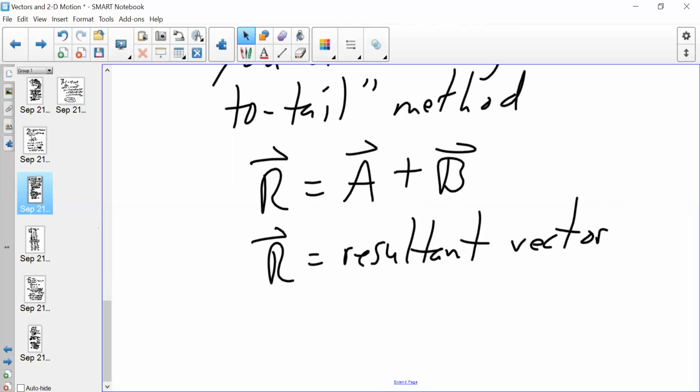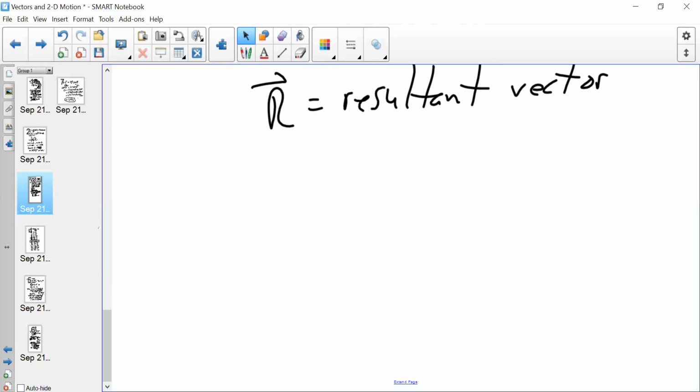Now let's say we had a particular configuration of A and B. Let's say that A moved parallel to the x-axis, and let's say that B was arbitrary in space, and B is hanging out like so, and this is A. Well, adding them together geometrically and then mathematically, we'll see.